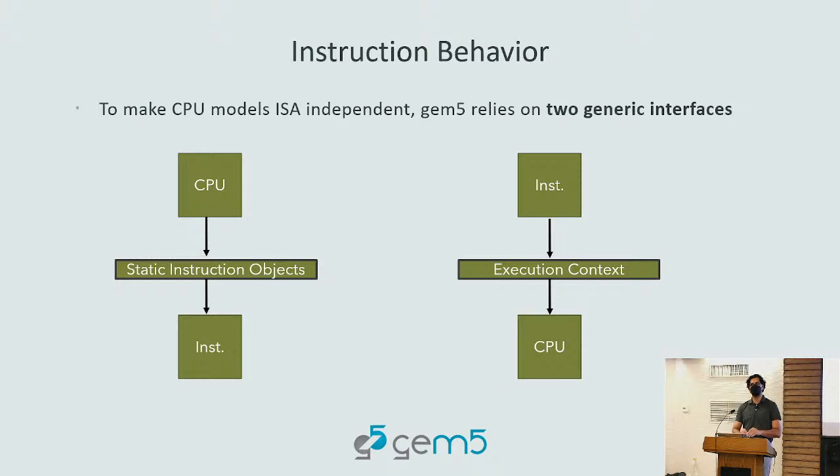Again, we'll look at more details of these two interfaces. I just want to give you a very quick overview of the two generic interfaces that are largely used when it comes to the interaction of the CPU model and the ISA system.